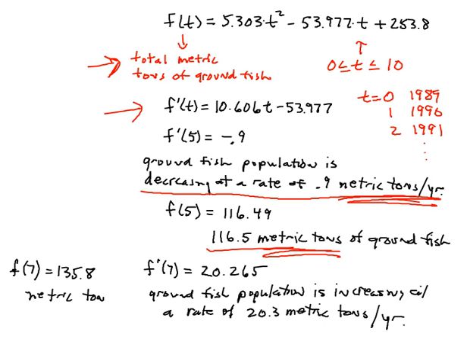Just metric tons, period. So at the beginning of 1996, I've got 135.8 metric tons of groundfish, and that amount is increasing at a rate of 20.3 metric tons per year. Whereas in 94, I had 116.5 metric tons of groundfish, but it was decreasing at a rate of 0.9 metric tons per year.